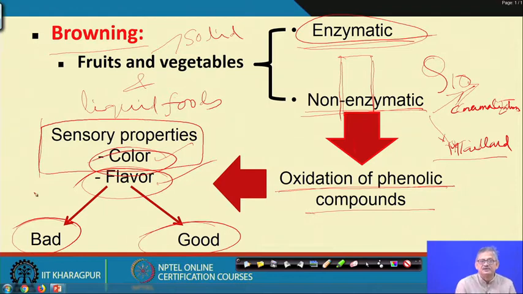This flavor and color was welcomed in that process, but in many processes they are not, right? Depending on what you intend, what your end use is, some could be good, some could be bad. So bad and good depends on your application, your use.